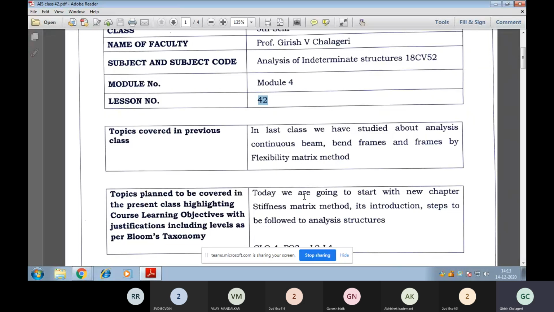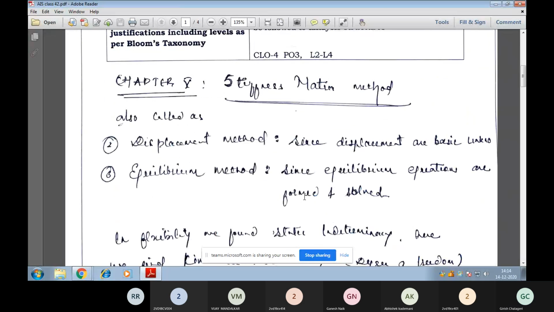And we are forming equations comparable to what we have done in the flexibility method, and we are finding the unknown. So this stiffness matrix method can also be called a displacement method. Why it is called the displacement method: the displacements are taken as basic unknowns in this method. That means the rotations at individual joints are taken as unknowns, and we find the displacement at that point.